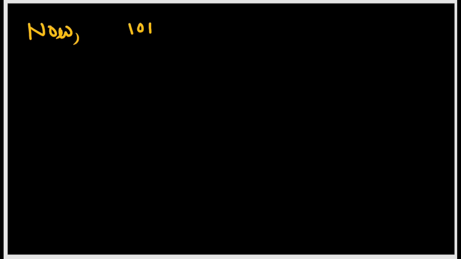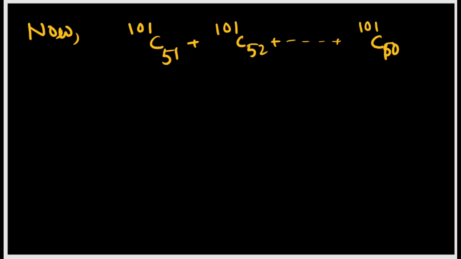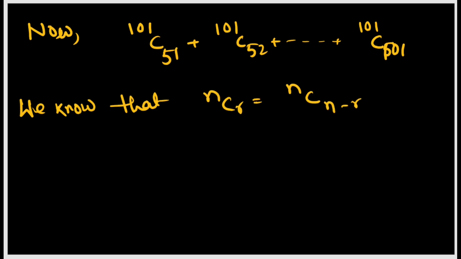Now 101 C51, 101 C52 up to 101 C101. So we know that nCr is equal to nC(n minus r).